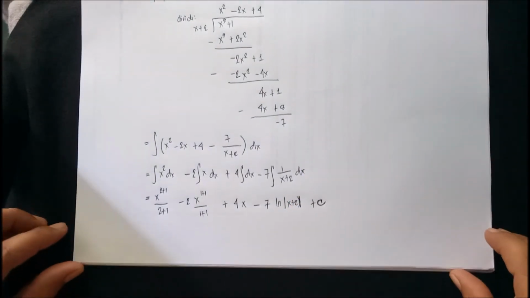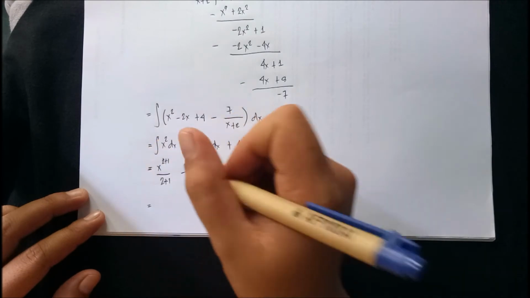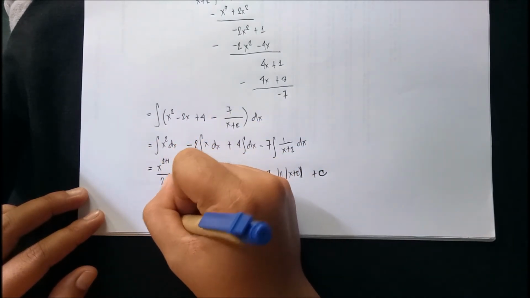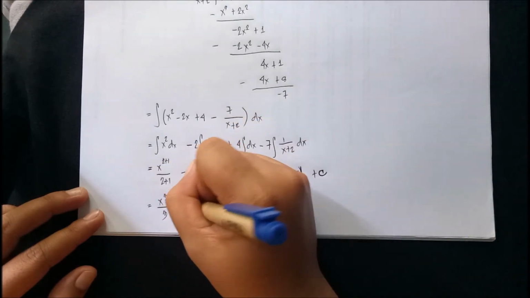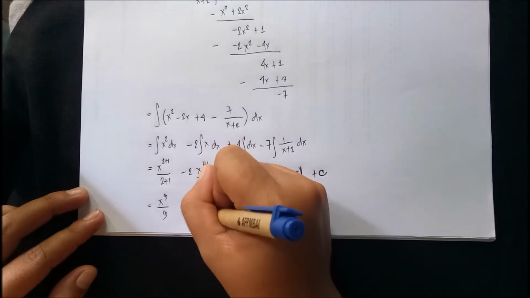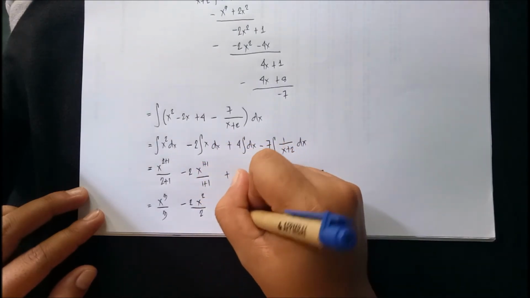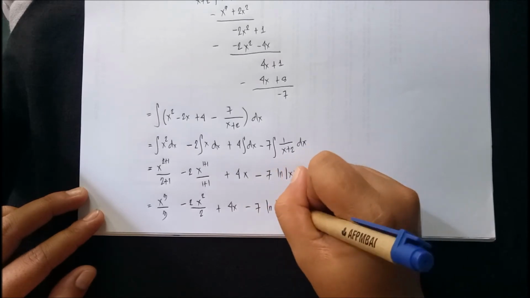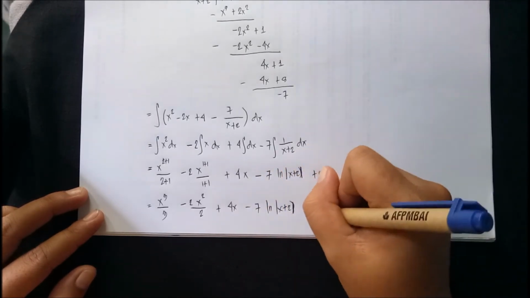Now, simplifying this one, this becomes x cubed over 3 over 3 minus 2 x squared over 2 plus 4x minus 7 ln x plus 2 plus c.